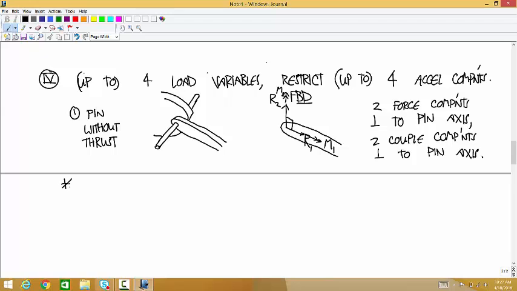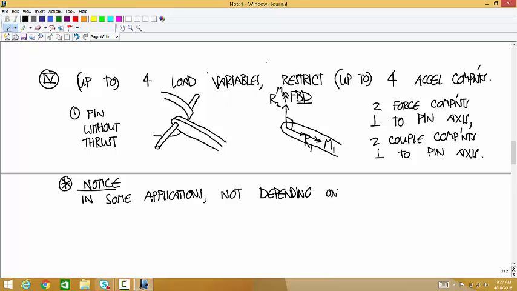One thing that's different about this one is that in some applications, you're not depending on this joint to limit rotations.